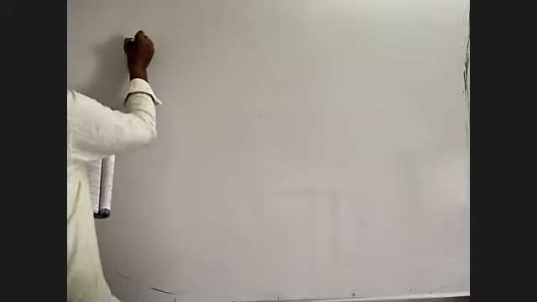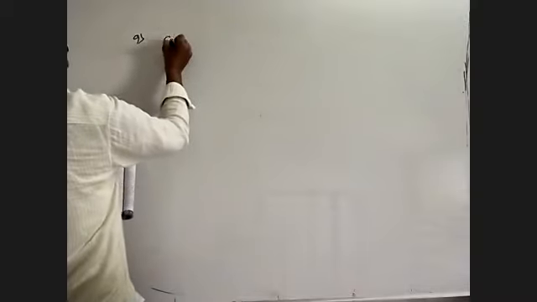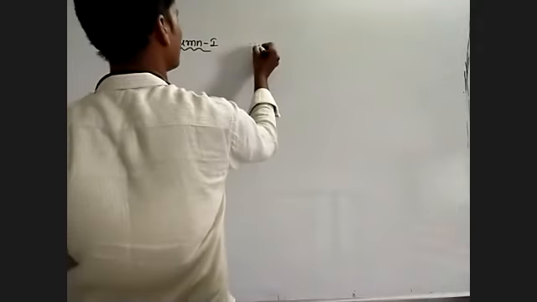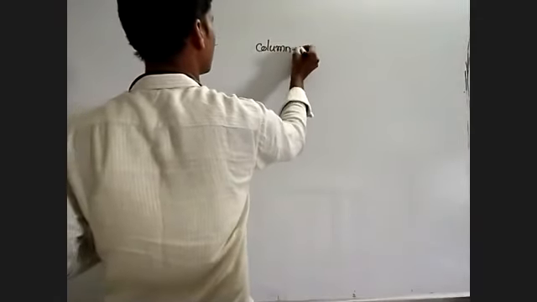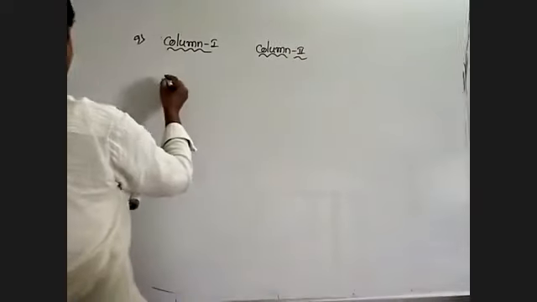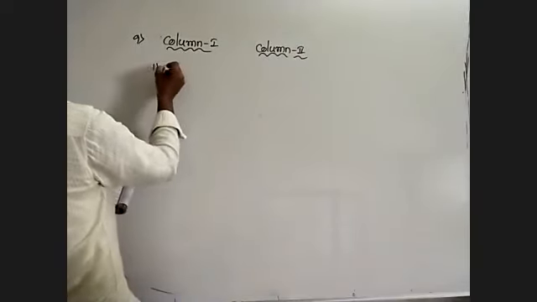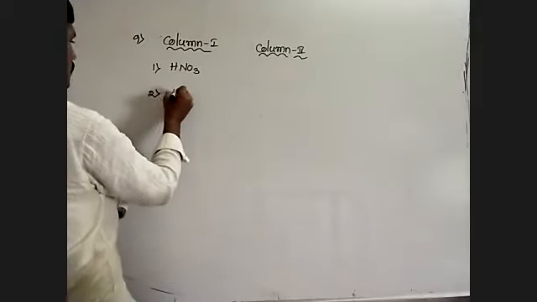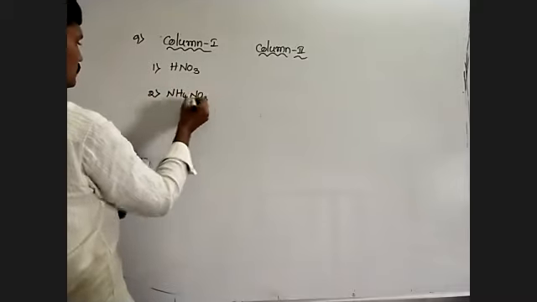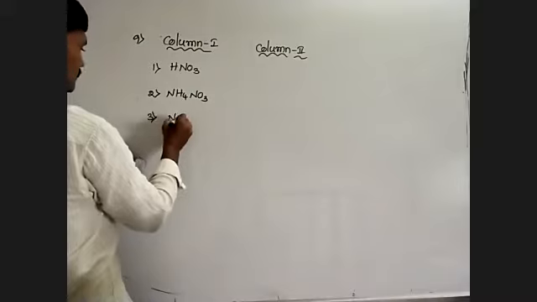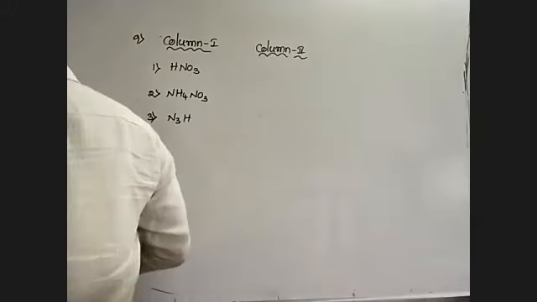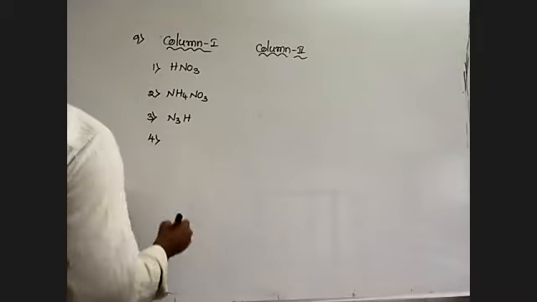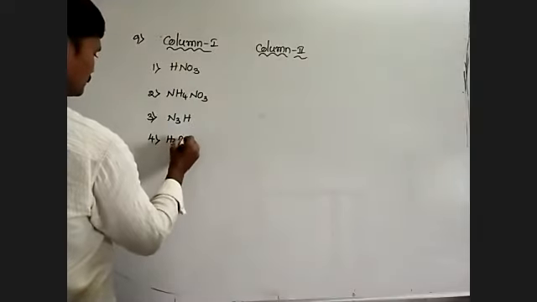Bit number 9. This is a matching type. Column 1 and column 2 are given. So in column 1, 1 HNO3, 2 NH4NO3, 3 N3H, 4 H3PO3.